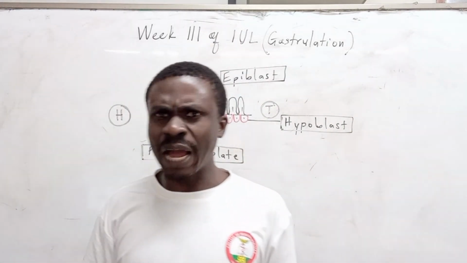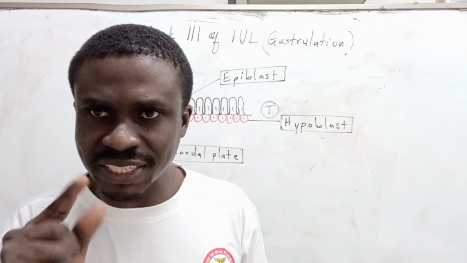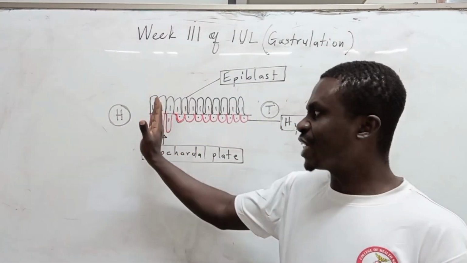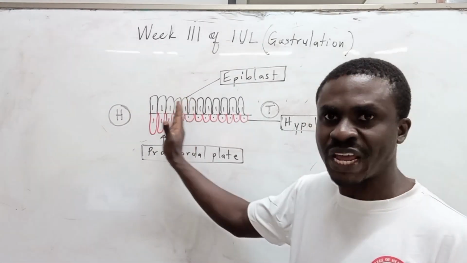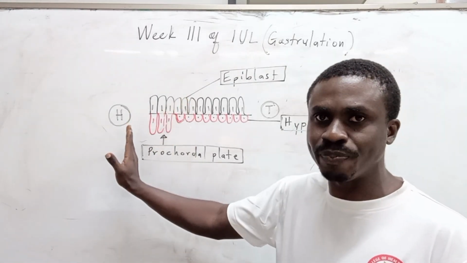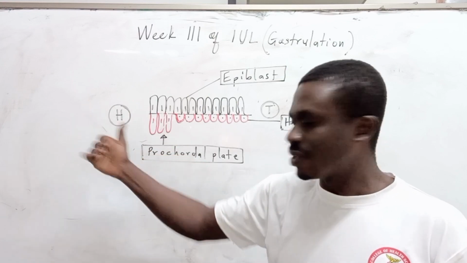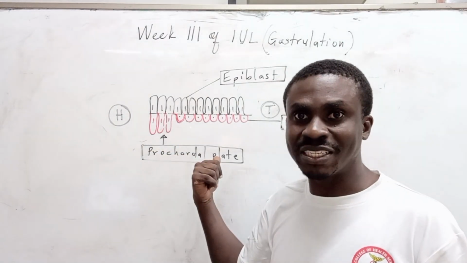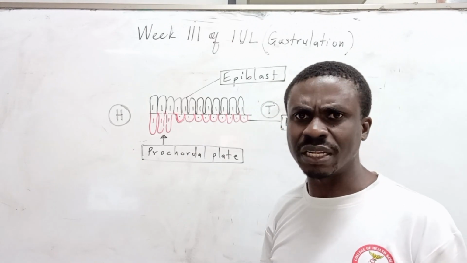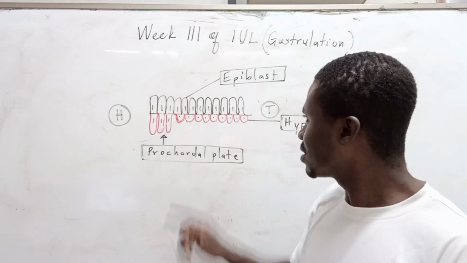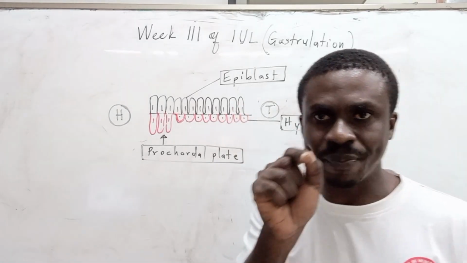Now once this happens, another event takes place. Elongation of some cells of the epiblast at one end of the embryo has taken place. We've seen that this becomes the cranial end by the presence of these procaudal plates. Therefore, this is the caudal end of this embryo. Something else happens, and this happens to cells of the epiblast.